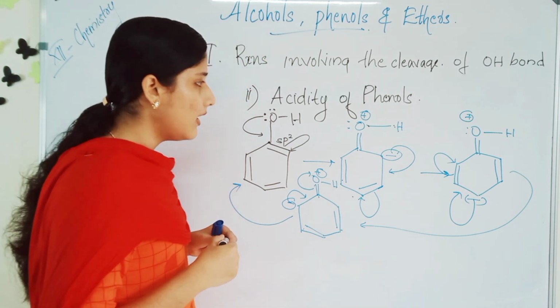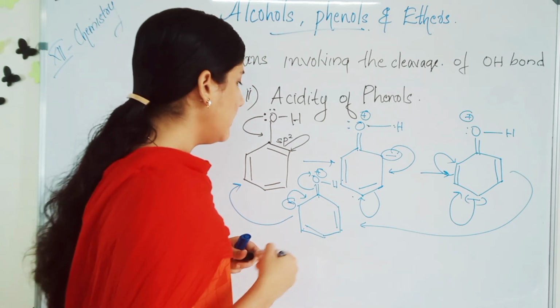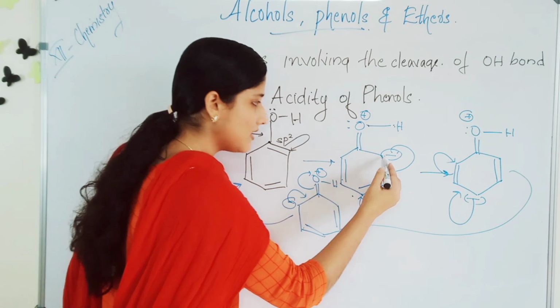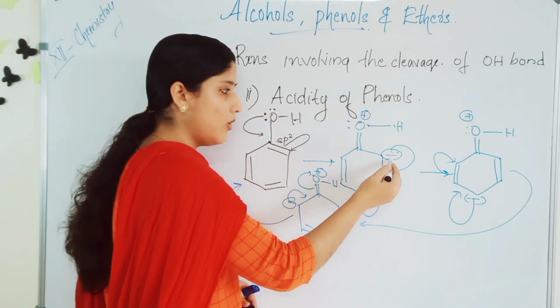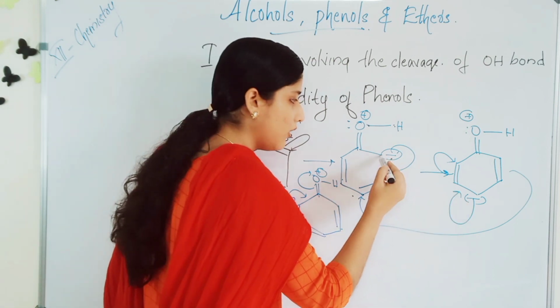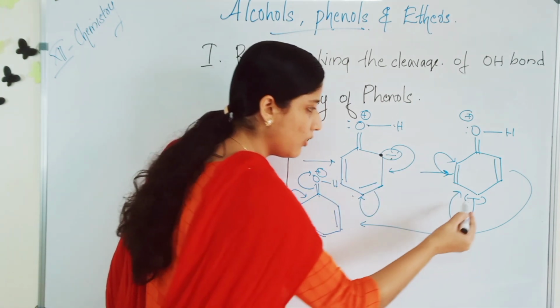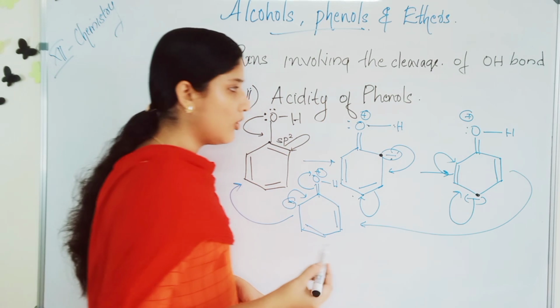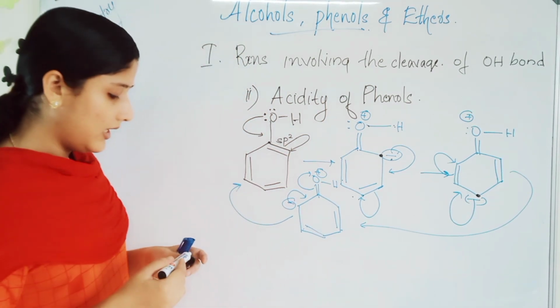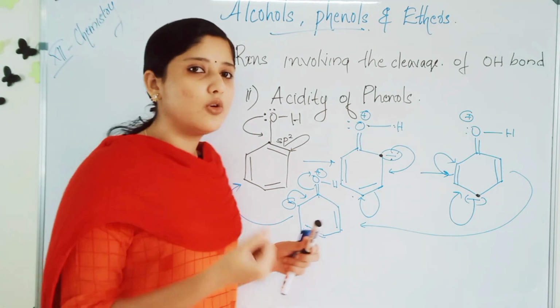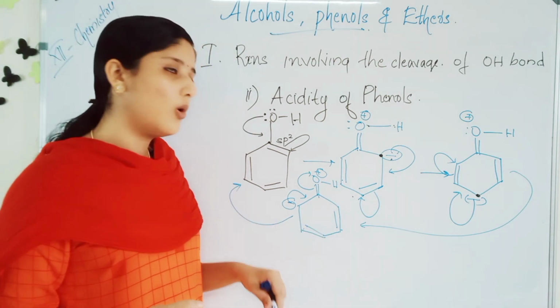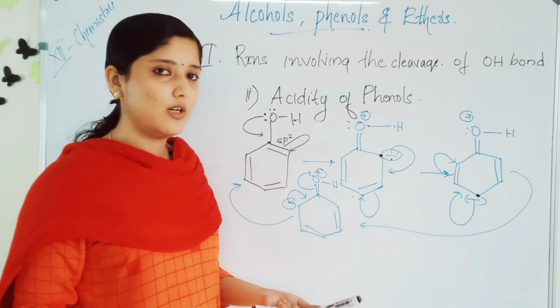Okay. Next, here there are minus charges in the ortho and para position, isn't it? Electron density is more on the ortho position and also on the para position, ortho-para position, then electron density is more. So if electron withdrawing groups are attached on the ortho and para position, what happens?